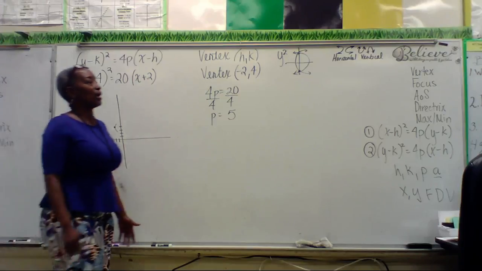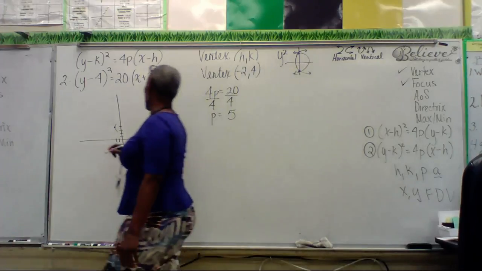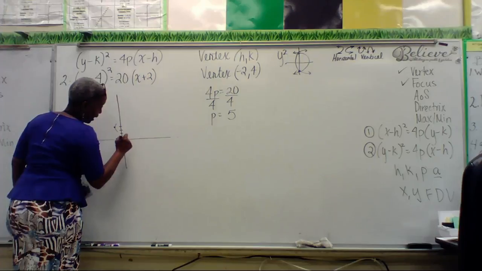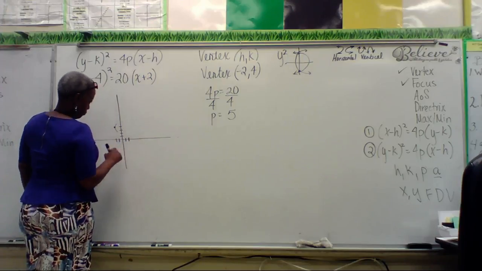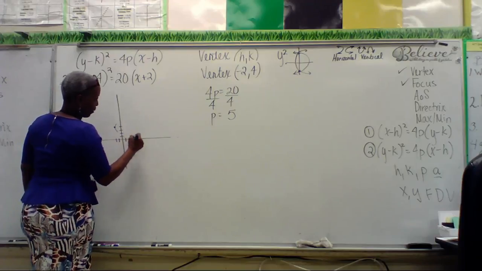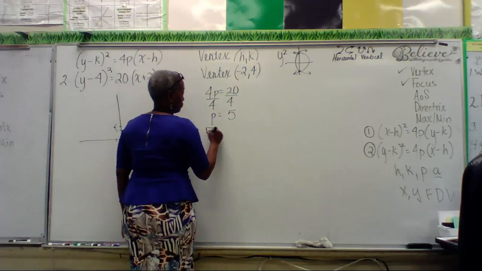So let's do that. So now we have our vertex, let's go ahead and put in our focus. So we're gonna go 5. I have to go 1, 2, 3, 4, 5. 1, 2, 3, 4, I'm sorry, 5. There we go. So, can anybody tell me the coordinates of my focus?